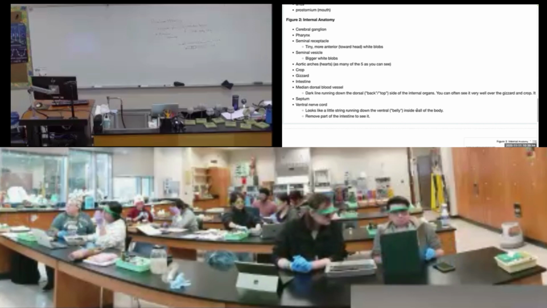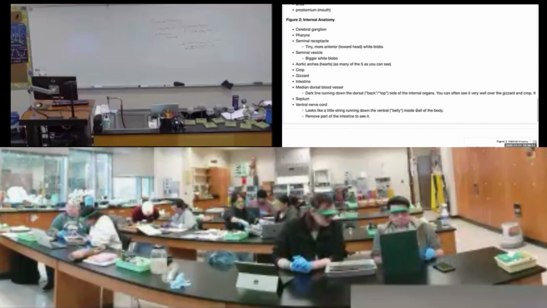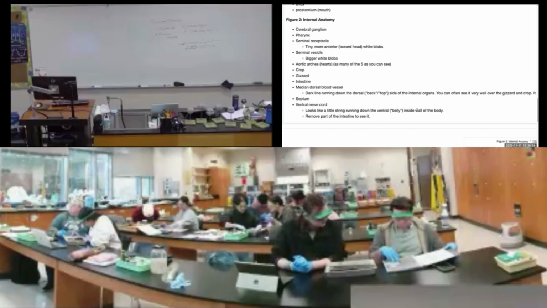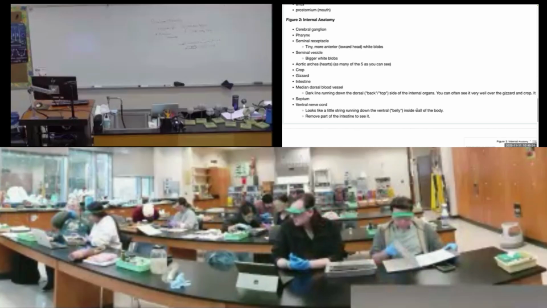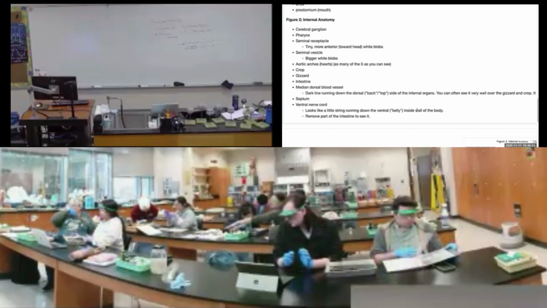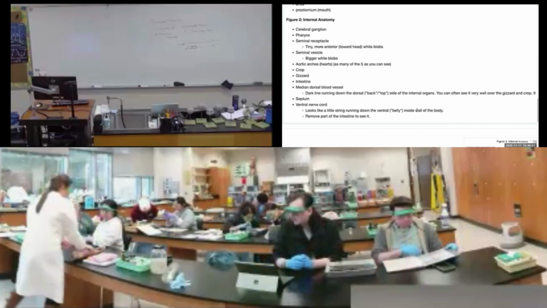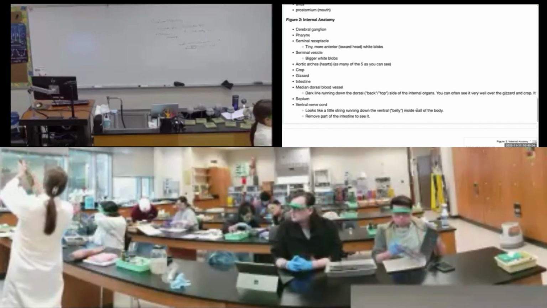And then you have the crop, which is number 8, and the gizzard, which is number 9, that's hard and white. You have the intestine after that, which they're labeling 11, I think. Yeah, 11 is running under that dorsal blood vessel, septa, and then you're going to see the dorsal blood vessel, the black thing. There is one on the underside too, the ventral side, but I don't think I have to take a picture of that.